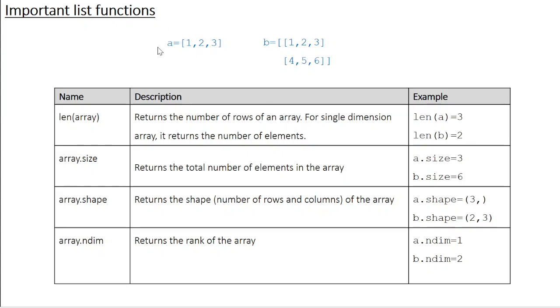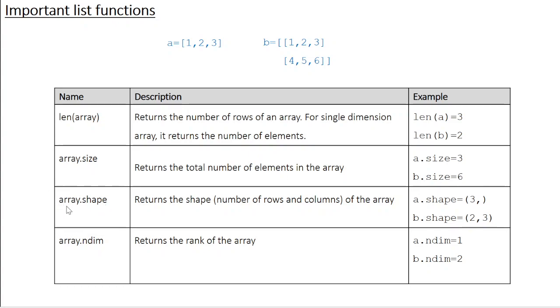So in the case of array A, len(A) returns the number of elements, 3. In the case of array B, it's going to return the number of rows. I have 2 rows, so len(B) equals 2.